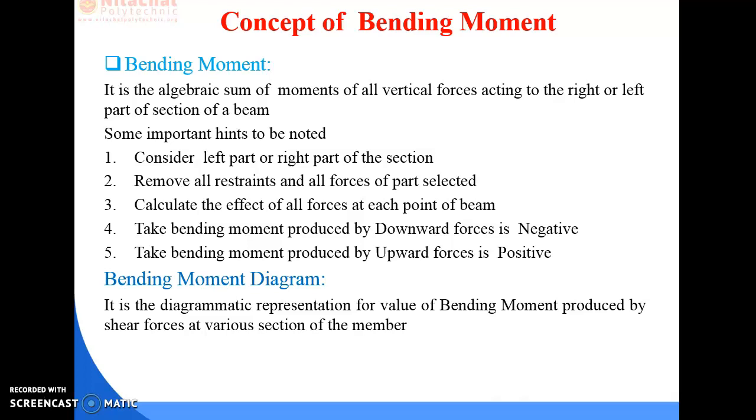Take bending moment produced by downward forces as negative, as I told earlier, and upward forces as positive. Like the shear force diagram, there is also a bending moment diagram, which is the pictorial view of the calculation of bending moment at each point of the beam produced by the vertical forces.